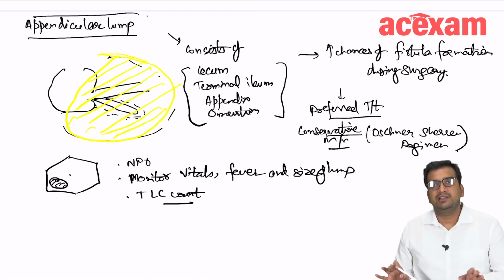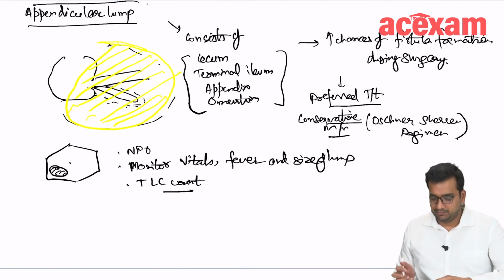This was a previous concept that we will do interval appendicectomy once the inflammation settles after 6 weeks. But it has been seen now that in the majority of patients, they will not develop recurrent appendicitis. So we will do appendicectomy only if patients develop recurrent appendicitis. Otherwise, we will not do appendicectomy now. Okay.